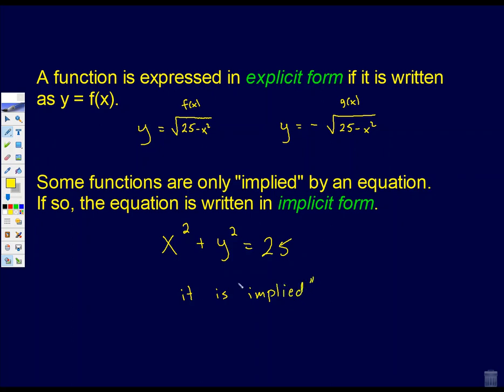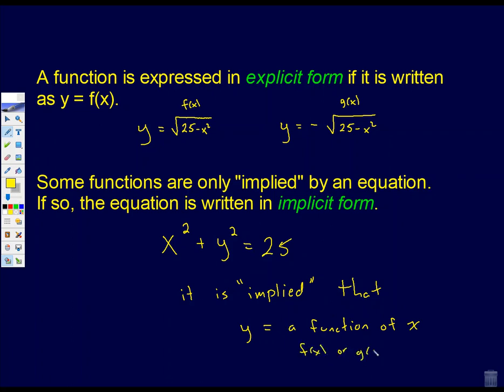But in this implicit form, it is just implied, without being explicitly stated, that y is a function of x. Or in the case of the circle, it's actually standing for multiple functions of x. Both this one and this one, both together, merge together to form this equation down here.